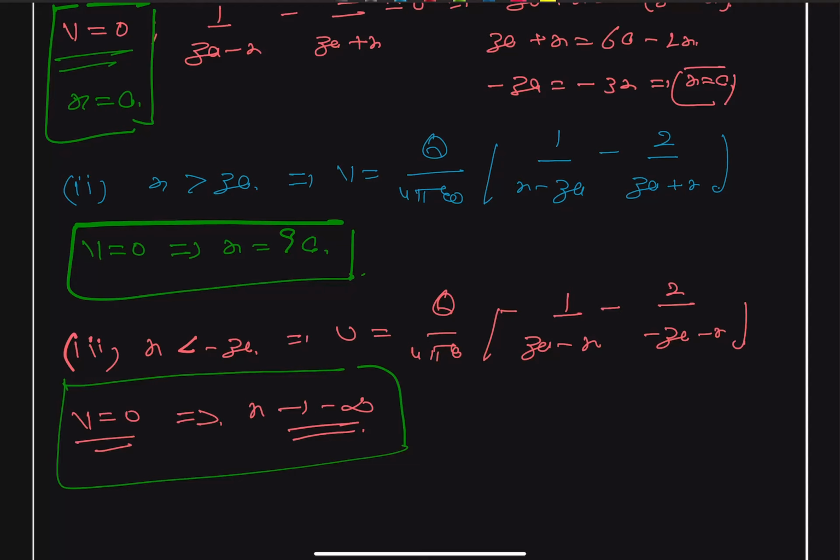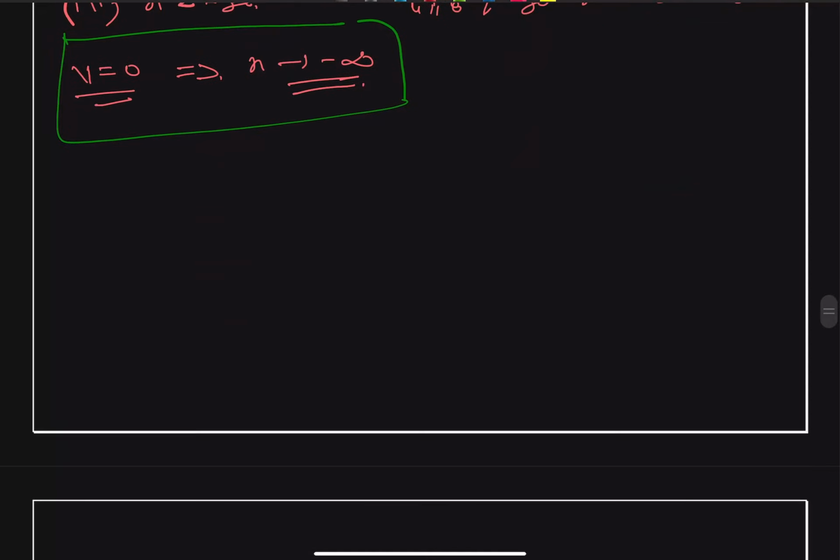So we got the necessary values, and we can make a sort of table for them. For the first case, at x equal to 3a, we get V equal to plus infinity. At x equal to minus 3a, we get V equal to minus infinity.